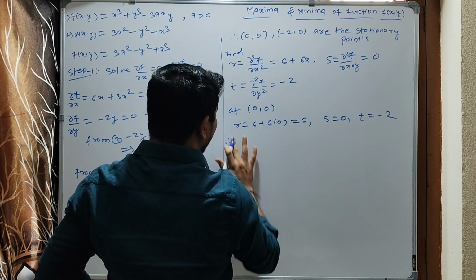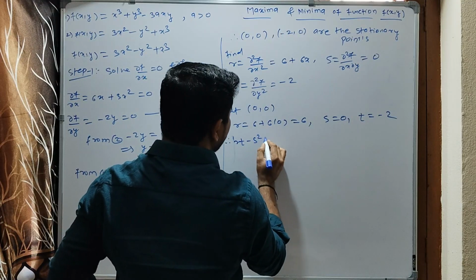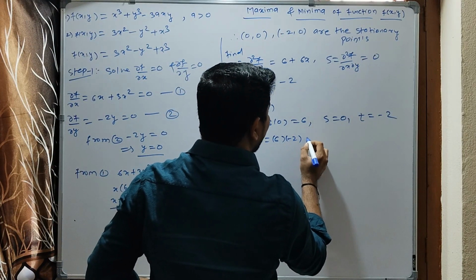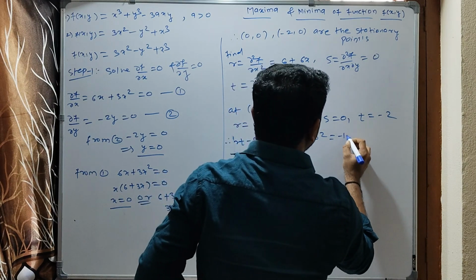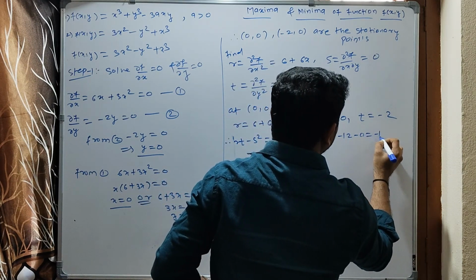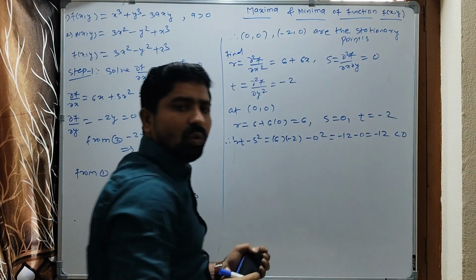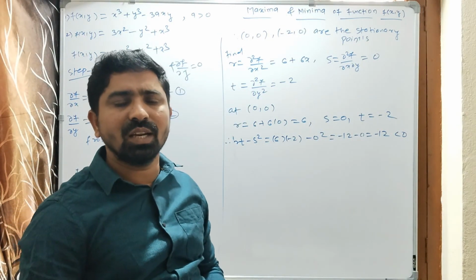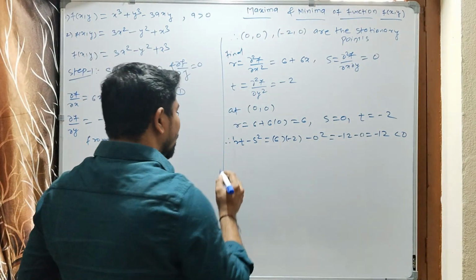Therefore rt minus s² equals 6 times minus 2 minus 0², which is minus 12 minus 0, which is equal to minus 12, which is less than 0. Here rt minus s² is less than 0. At that time your function neither has maxima nor minima.